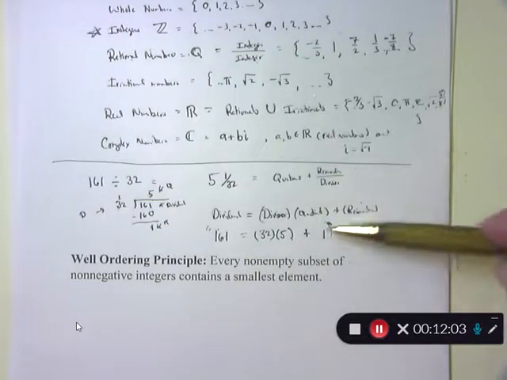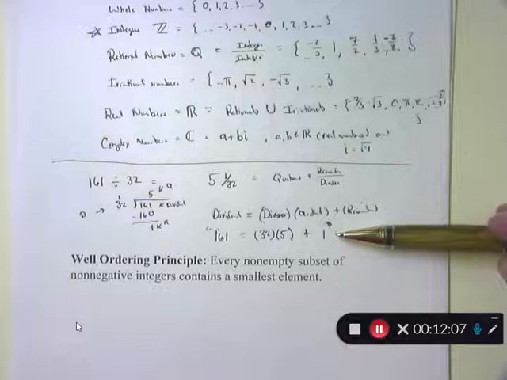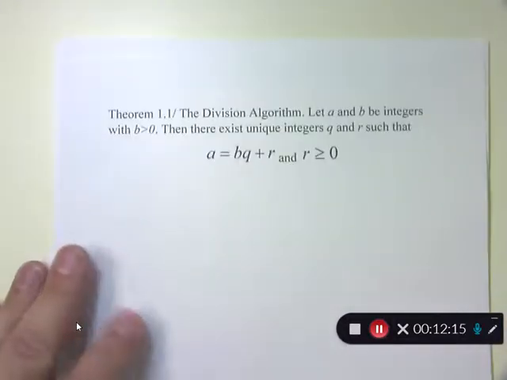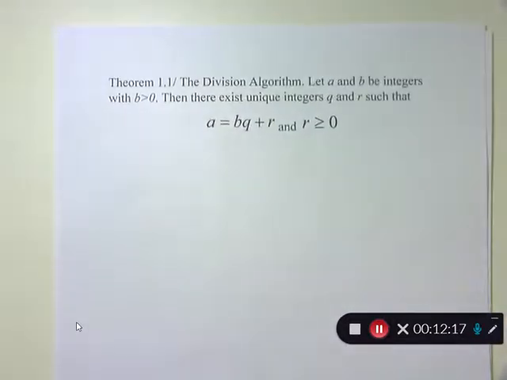So this, when you divide, is how you can write it without actually using fractions. That's going to be the big key. We're going to be using the division algorithm. So if you turn the page over, that is Theorem 1.1 in your textbook, the division algorithm. The division algorithm states this.